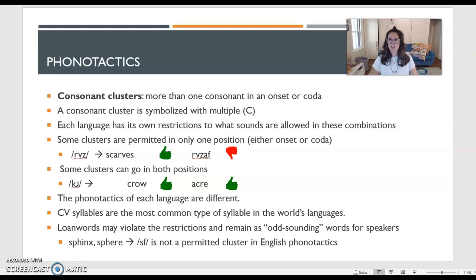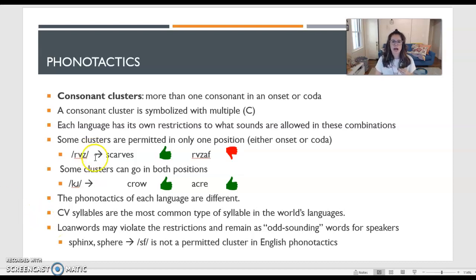A consonant cluster is just going to be, you'll see that when you have multiple C's in the syllable structure. So each language has its own restrictions as to what sound combinations are allowed in that language, okay?